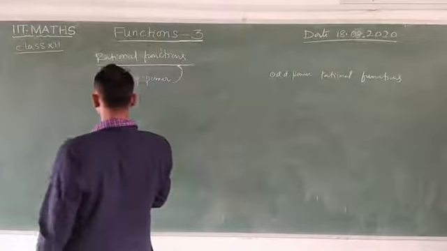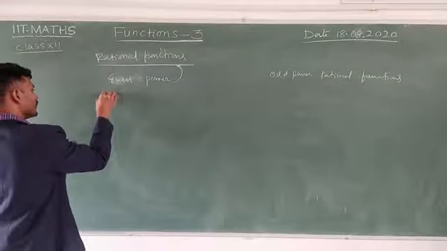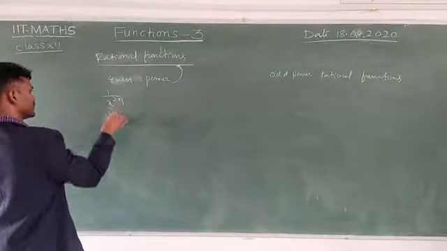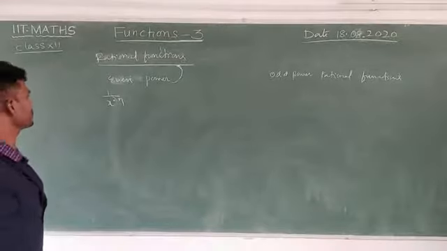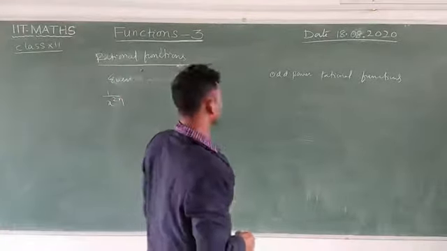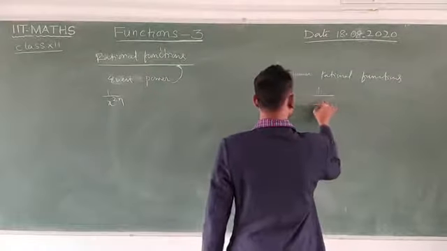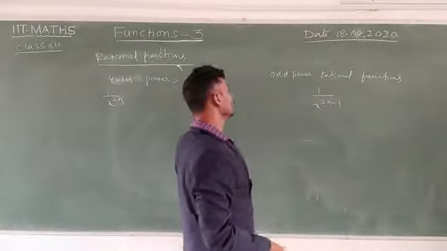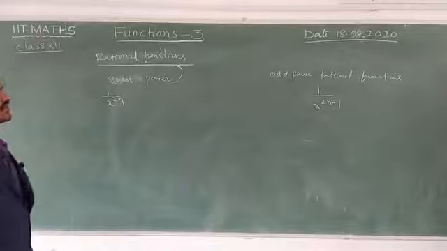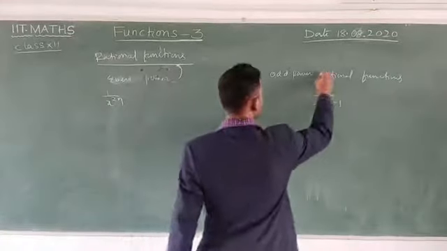See here, 1 by x to the power of 2n is an even power rational function. 1 by x to the power of 2n minus 1 is called an odd power rational function.